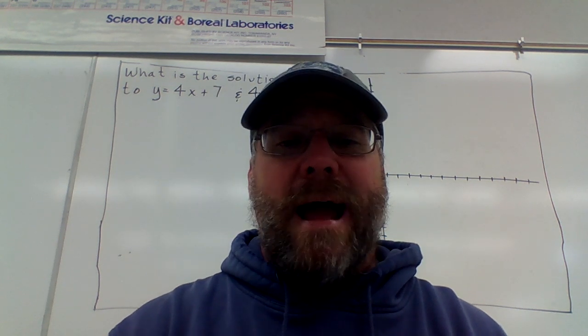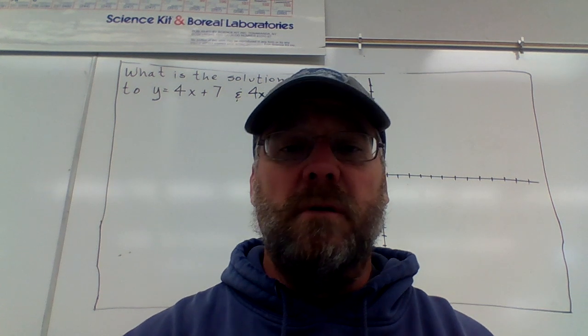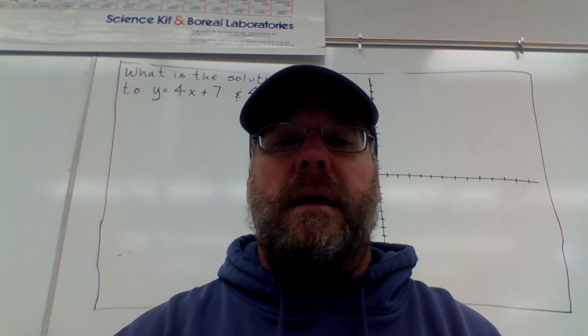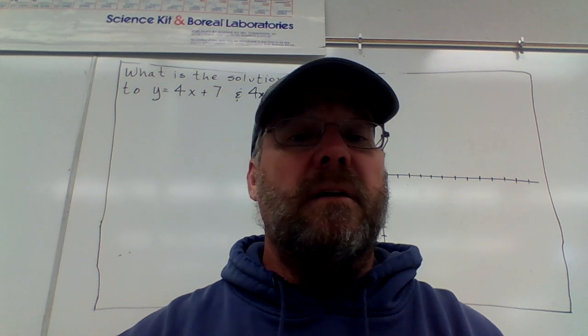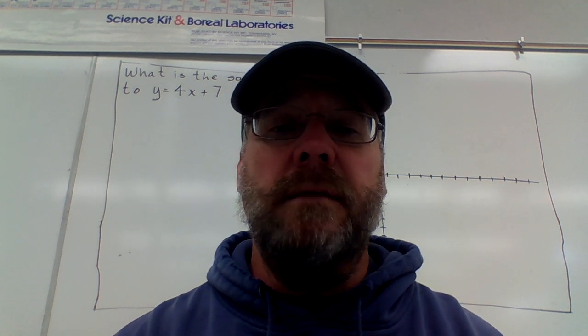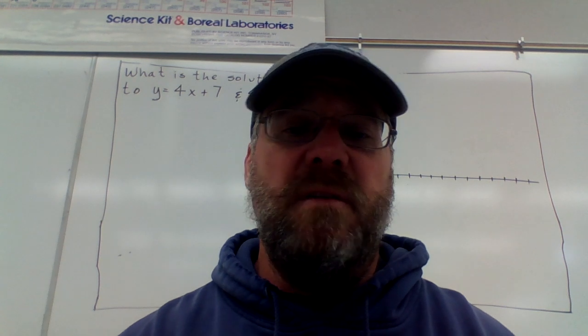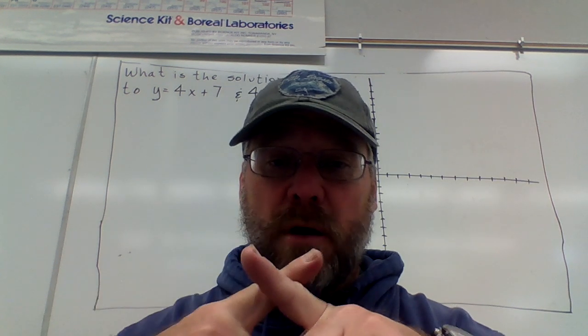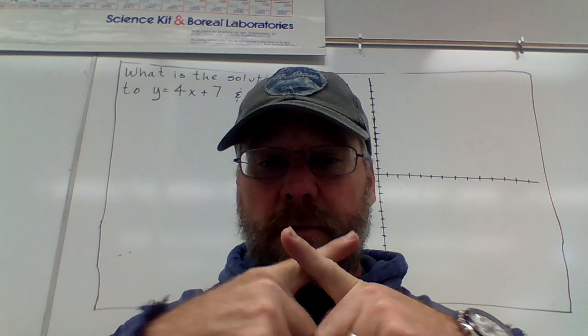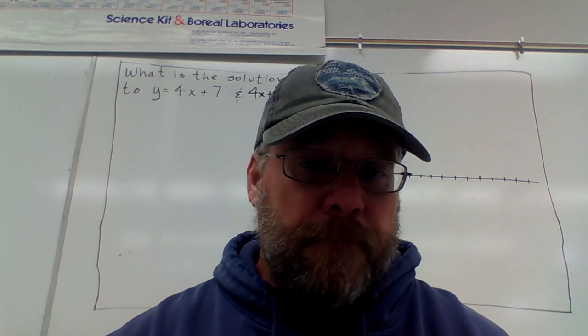So when is graphing usable and easy? It's typically usable and easy when you're given both lines in y equals mx plus b form. You can graph one real quick, graph the other one real quick, boom, find where they meet, and you've got it.